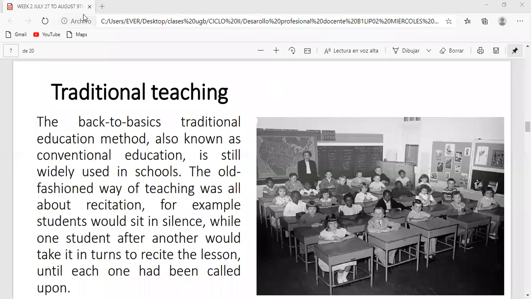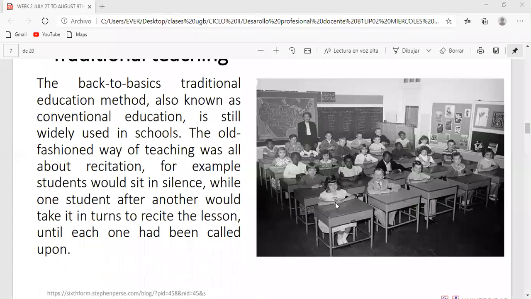Thanks a lot. So as you can see in the picture, in this method, the teacher was just there, like he was the center of the class. And when participating, students had to take one turn at a time, and they were just reading part of the lesson.